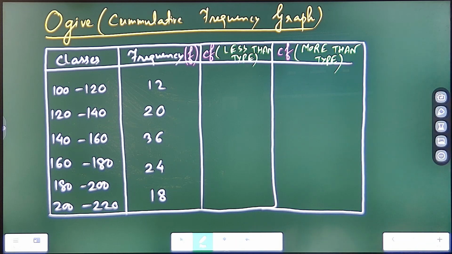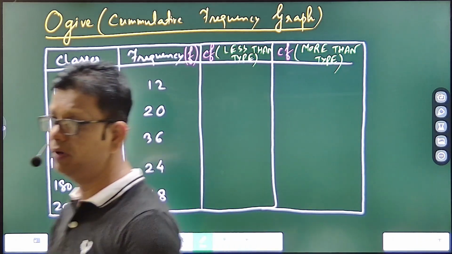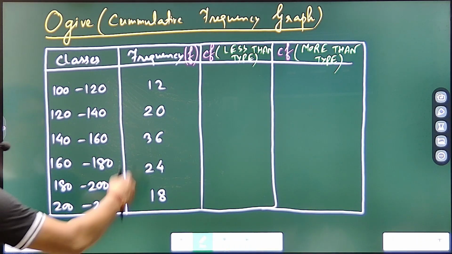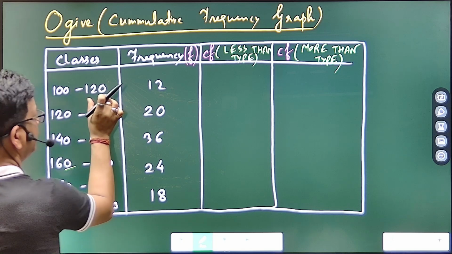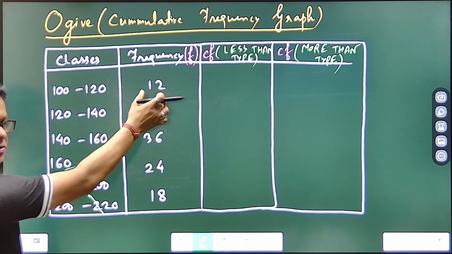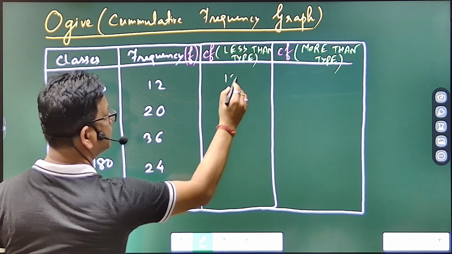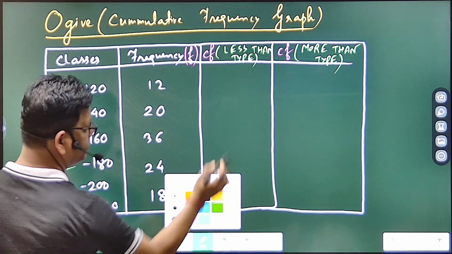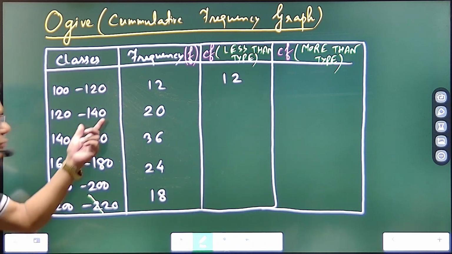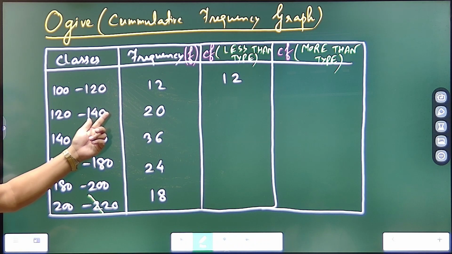Now, the less than type is already done, the way we were doing few minutes back. That means up to 120, what is the frequency? 12. So this is as it is. Now up to 140, what to do?